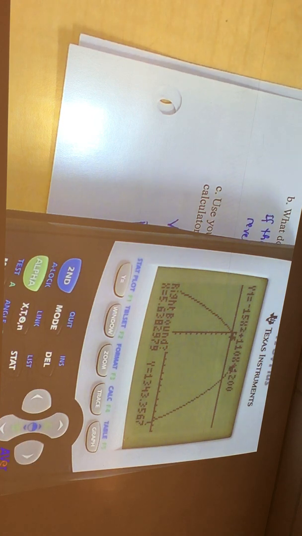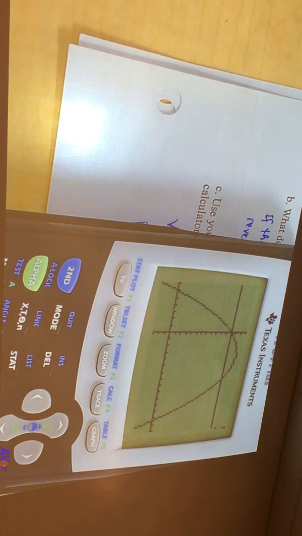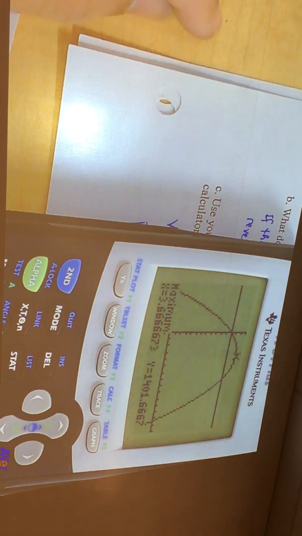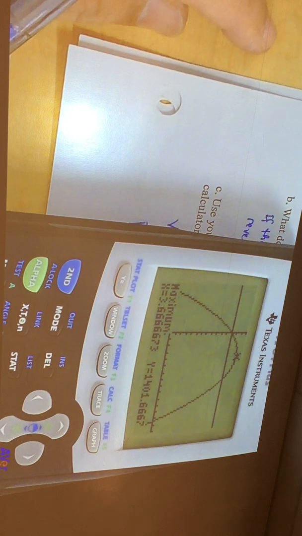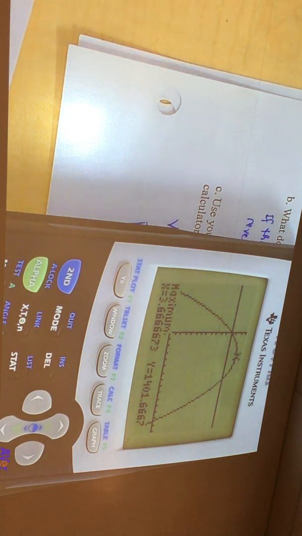And then enter twice. Can you please try it first, everyone? Right, about 3.67 and then 1401.67. All right, there you go.